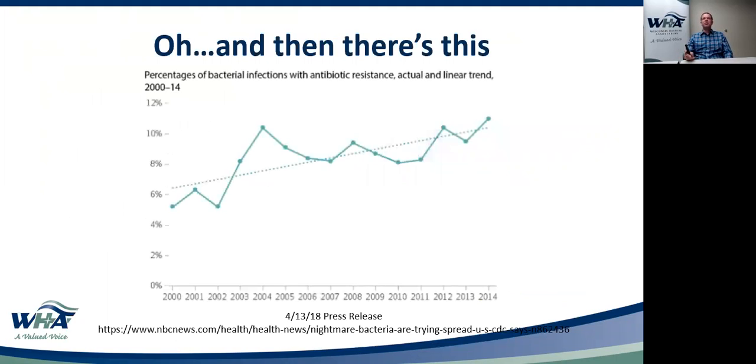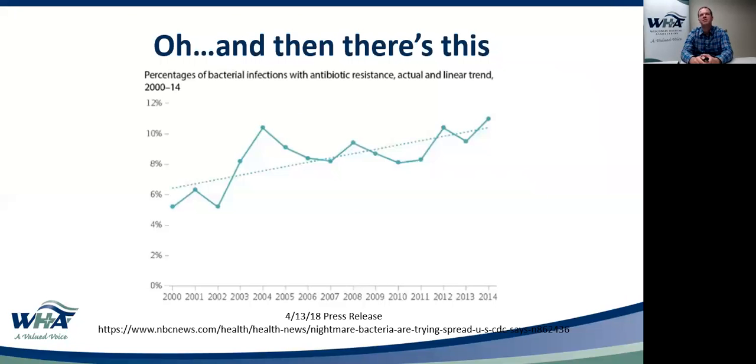The CDC just in April gave us some updated statistics, and this is overall antibiotic resistance in the US, and so we see over the past decade, the rates of antibacterial resistance are moving up from around 6% to around 10%, and so we're definitely seeing an increase in this. A lot of this is driven by E. coli for UTI and then macrolides for community-acquired pneumonia.